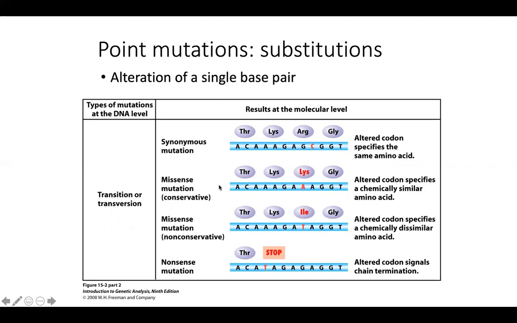Then we have mutations that we refer to as missense mutations. Here we have a second position that changes. We changed the arginine to a lysine. But we would refer to this one as most likely a conservative missense mutation.